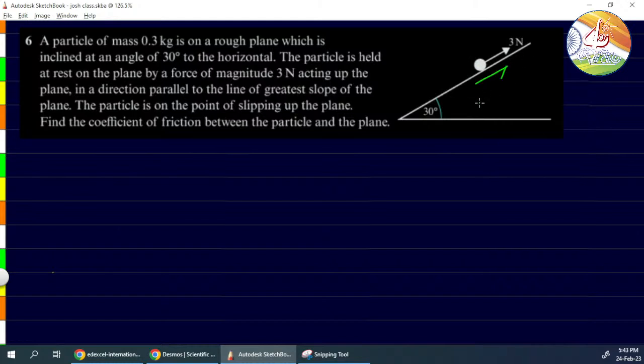Initially friction was upwards. When you increase the force, slowly the friction starts changing its direction. Then the friction comes downwards. So when the friction is equal to limiting friction, opposite to the motion, then it will tend to slide upwards. Correct?